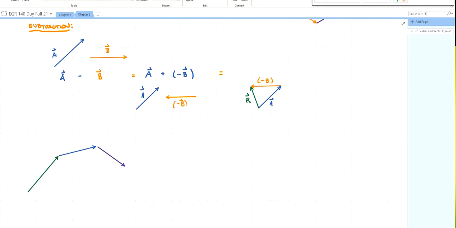But you can see that this is our first resultant, and our final resultant, so this would be like one vector plus this vector. Our final resultant then is just like this. So we might have A, B, and C.